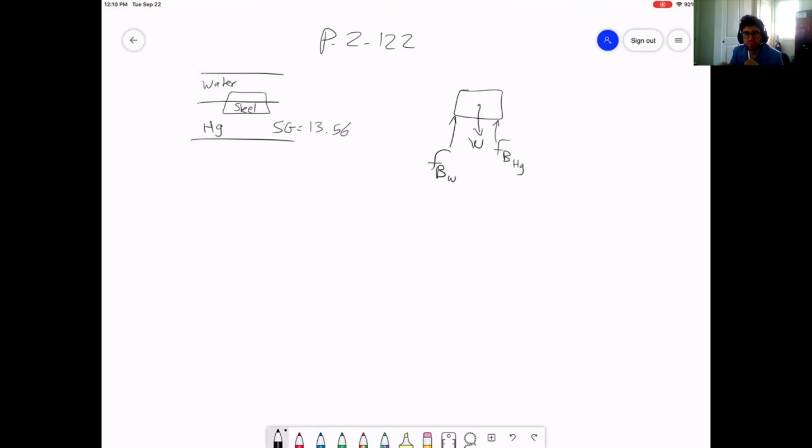Yeah, both fluids will try to resist the motion of this block. This block has a weight and it's sinking, so both fluids will try to push it up. Oh, yeah. That makes sense. What were you thinking? I was just thinking water is trying to push it down.